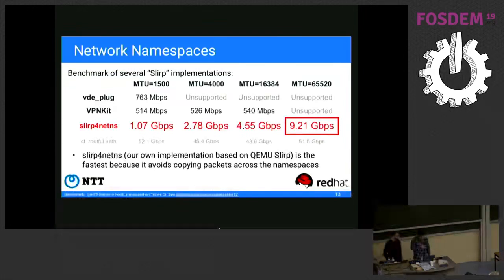Especially when the MTU is about 64 kilobytes, slirp4netns can reach more than 9 Gbps throughput. This is still slow compared to the rootful virtual Ethernet pair, which can reach more than 50 Gbps, but we consider 9 Gbps enough for a lot of use cases. slirp4netns is the fastest because it avoids copying packets across the namespaces. We also plan to add more optimizations.